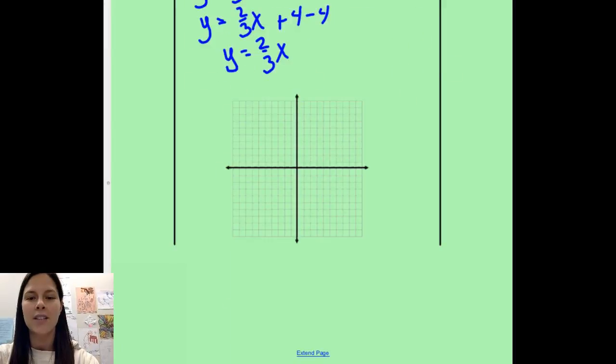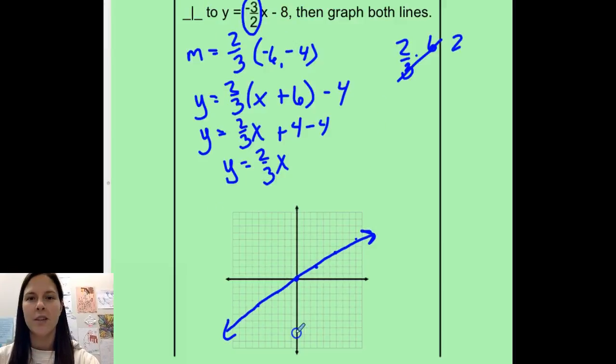Graphing that line, our y-intercept is 0, so we'll start right where the axes meet. Our slope is positive, so we're going to rise 2, run 3. Make sure that your line matches your slope. Going back to graph our given line, the y-intercept is -8, so we will start down 8 on our y-axis, and our slope is negative, so our line will fall, -3/2.